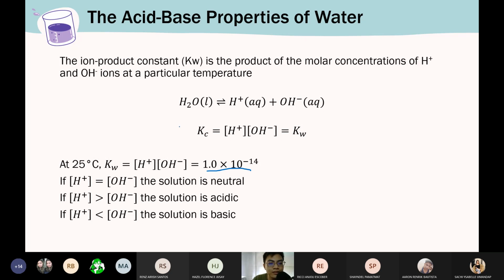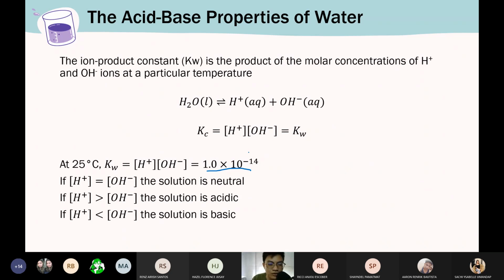Siguro magtataka kayo, no? Sir, ba't wala yung H2O sa equilibrium na? Kasi again, yung liquids, we don't write them, di ba? Parang si Bruno yan, we don't talk about it na. So that's why yung H and OH lang yun as nakalagay sa equilibrium natin.